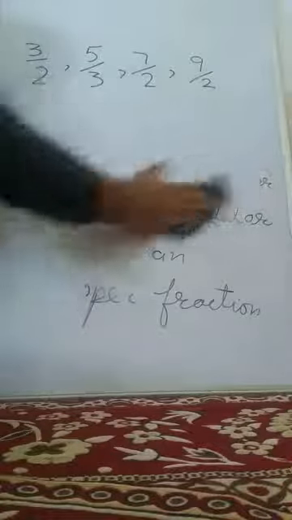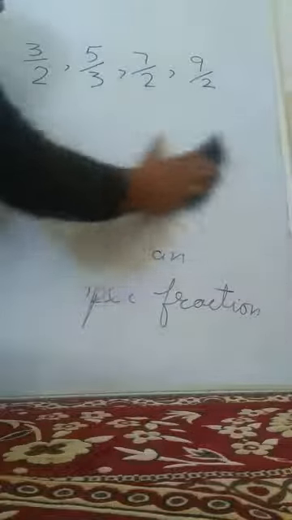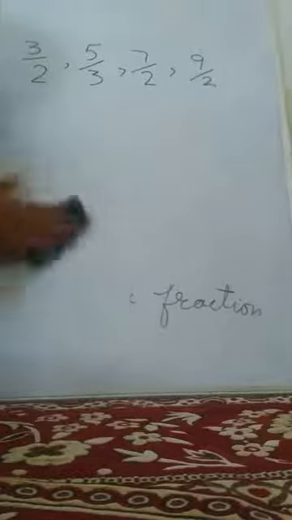Look at 3 by 2, its numerator is 3, which is bigger than its denominator, which is 2. Look at 5, which is bigger than 3, and here numerator 7 is bigger than the denominator 2, and 9 bigger than 2. These all fractions are improper fractions because they have bigger numerators than their denominators.